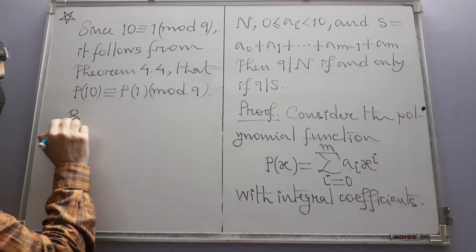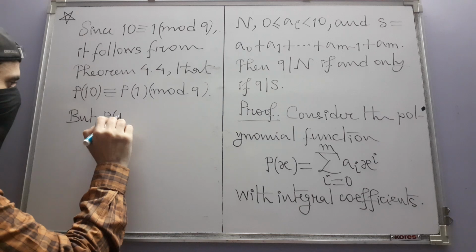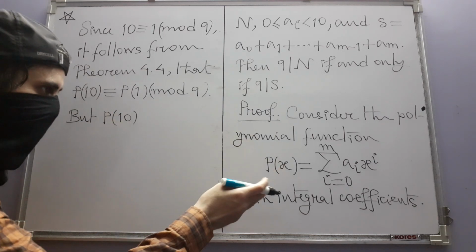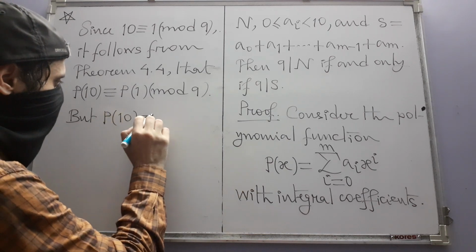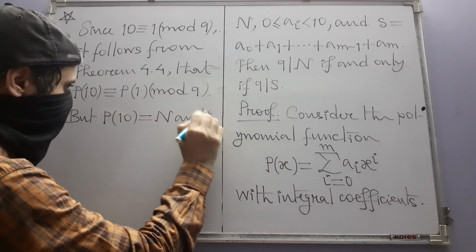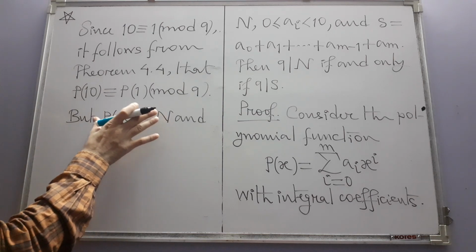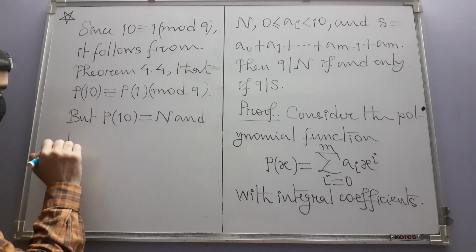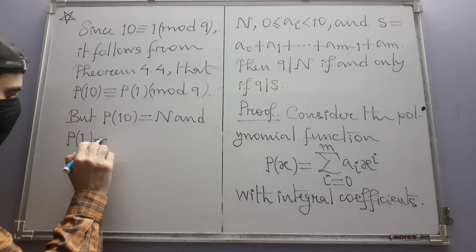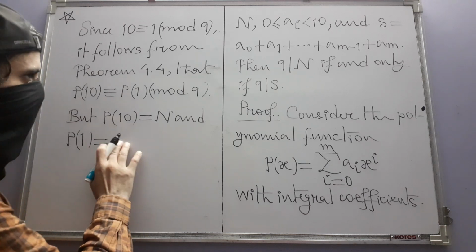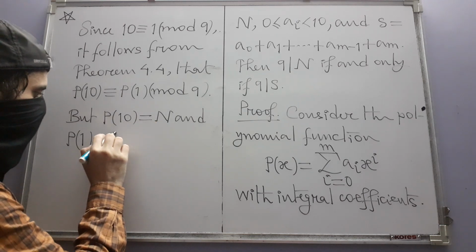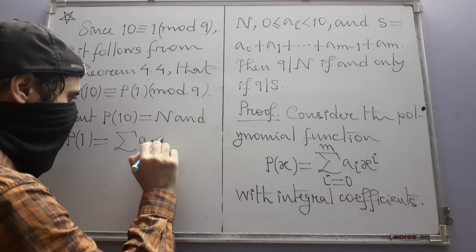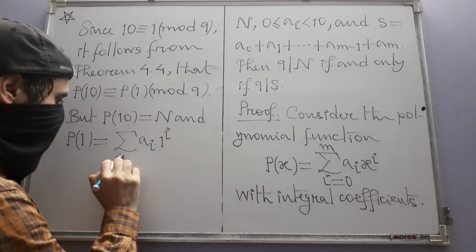But P of 10, if you go back to what capital N is and what P is, if you evaluate P at 10, you actually get nothing but N. And we can write this directly because that's how N was written. However, what about P of 1? For this, you may directly write S here, but let me just write a little bit of how that is S. The sum of a_i times 1 to the power i.